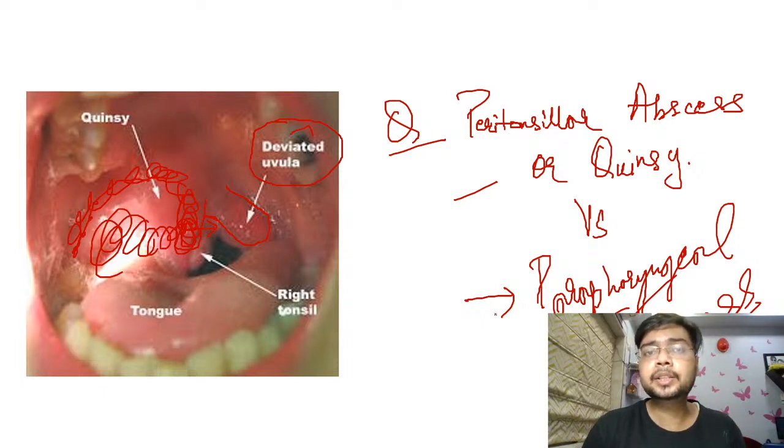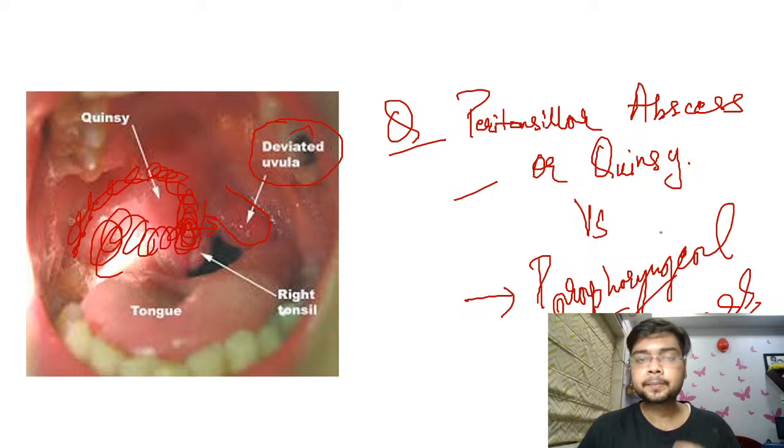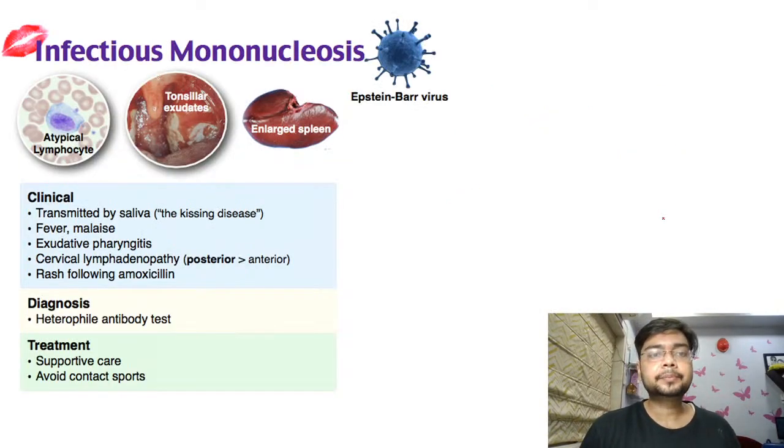So here the infection doesn't lie in the peritonsillar space or the tonsil, and that is why you don't get the angry looking tonsils that you get in quinsy or peritonsillar abscess. Signs will be almost the same. There will be fever, pain in the throat and others, because an abscess is there, so all the toxic signs will be there.